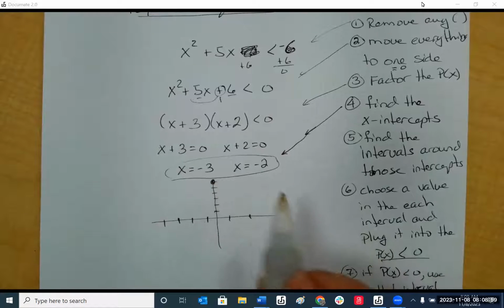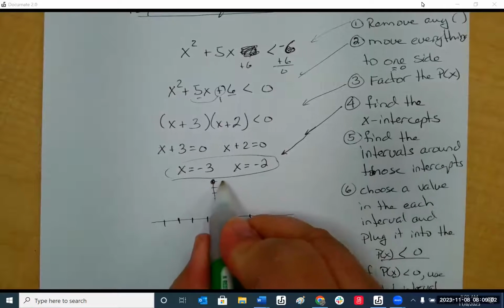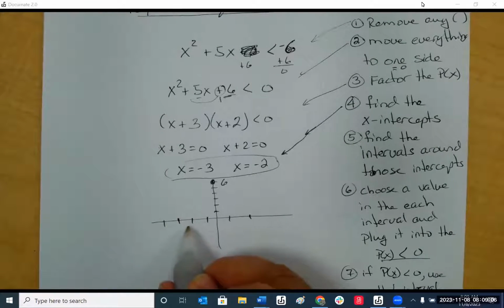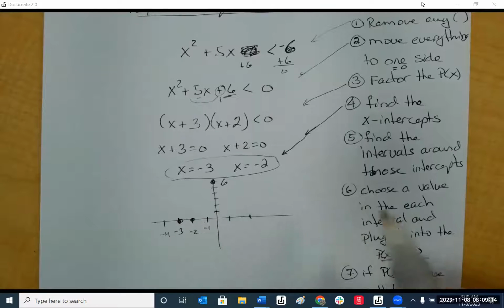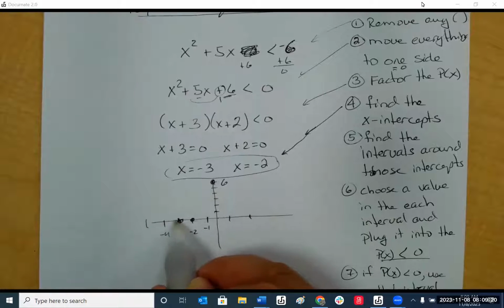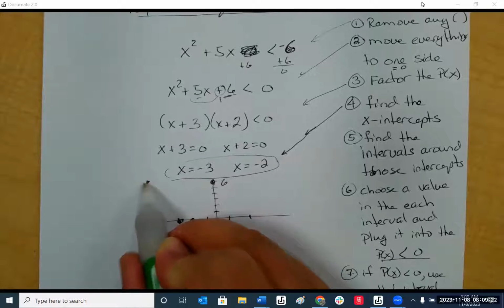We know our y-intercept is 6 because of that. We have our x-intercepts at -2 and -3. So if we go 2 and up 6, we have another point.